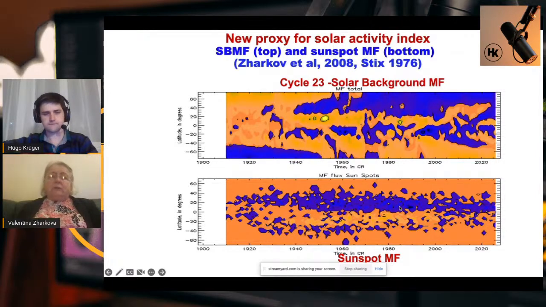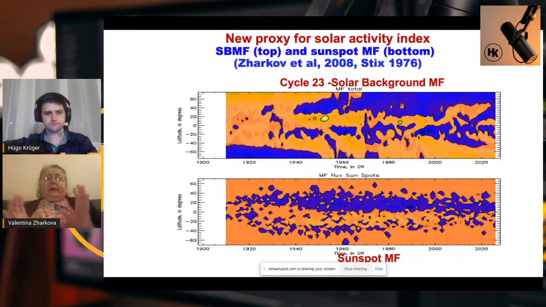What we figured out in this paper, and then we looked and Stix in 1976 had done the same, was this anti-correlation between background field and sunspots. We decided that probably it's much easier to analyze the background field because there is a huge amount of this field.